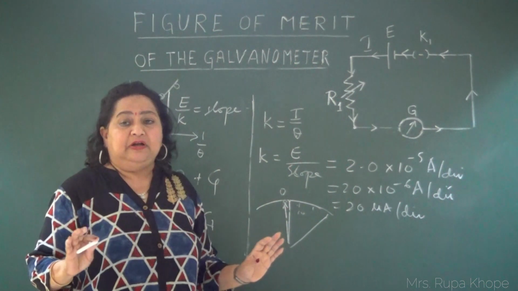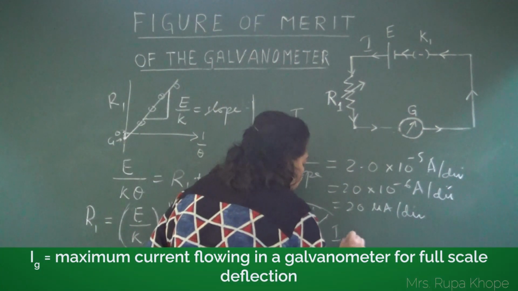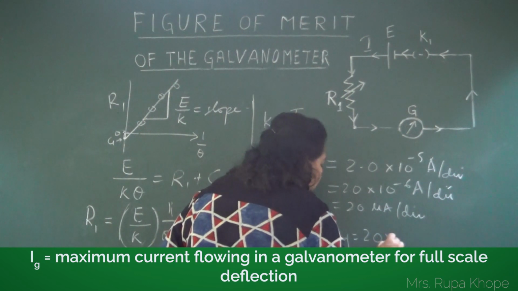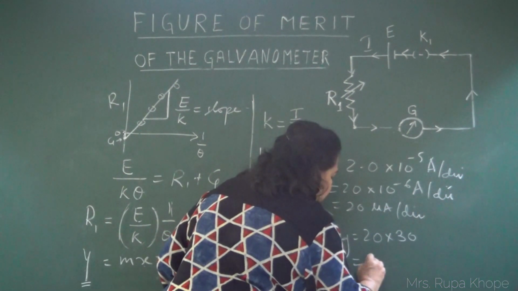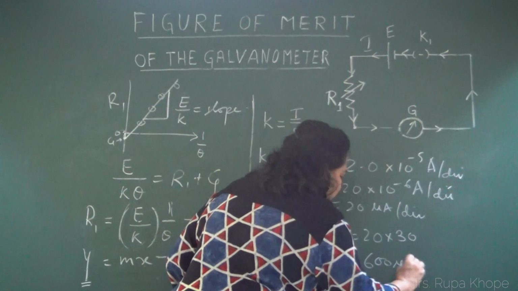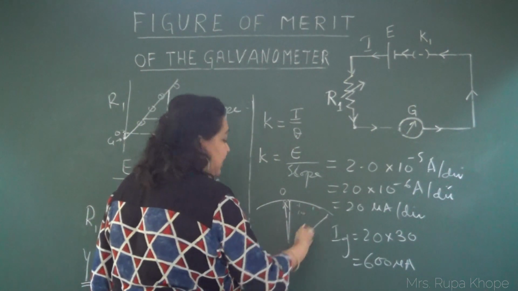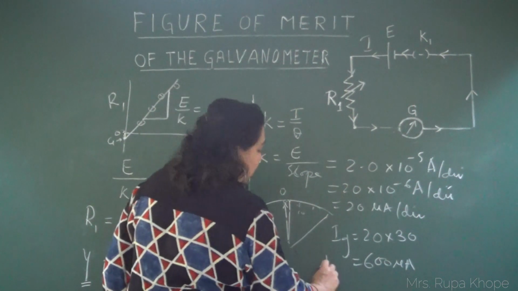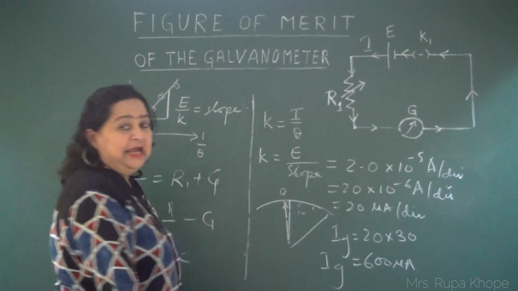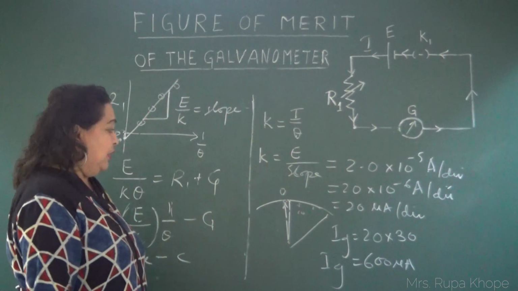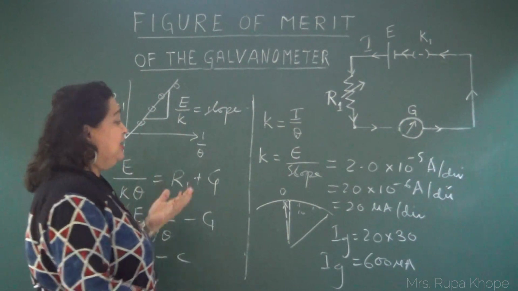30 means maximum current, that is Ig. So that will be equal to 20 into 30, which is equal to 600 microamps for 30 divisions. So you know what is for 10 divisions, 20 divisions, 30 divisions. We know how much current can flow in this galvanometer. This is point 1. Suppose I give you another example.